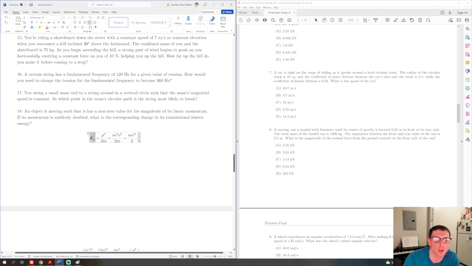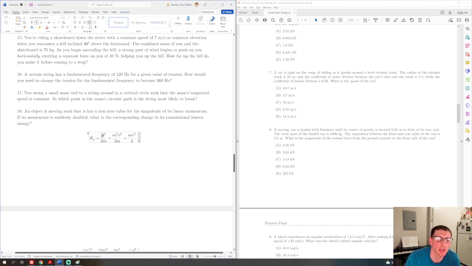So let's just focus on this part. I'm just going to tell you that the translational kinetic energy of an object can be expressed in terms of the magnitude of its linear momentum. So we write that K equals p squared over 2m.